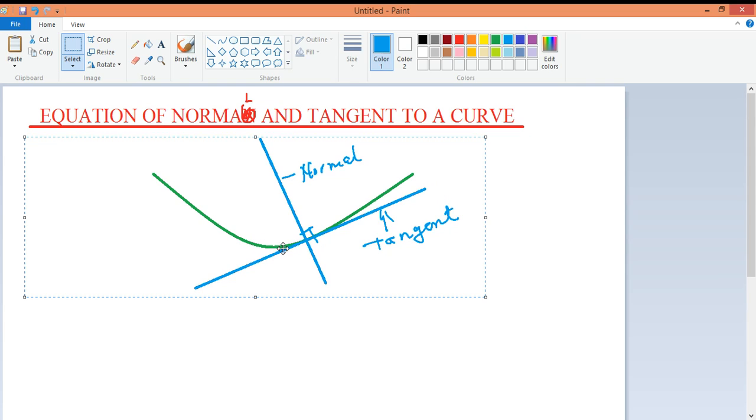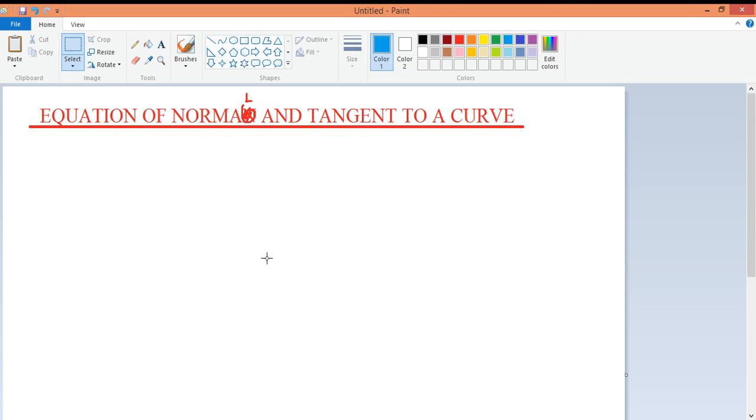The gradient of the tangent is the same thing as the gradient of the curve at this particular point. But because the normal is perpendicular to the tangent, the gradient of the normal will be the negative reciprocal of the tangent.